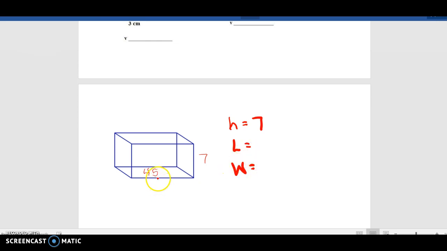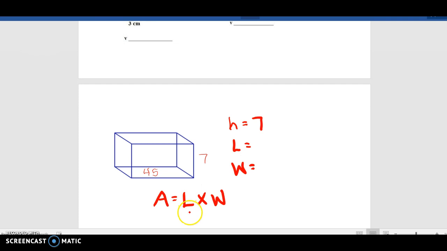So what you have to think of is, well, the 45 is the area. Area is found by length times width. So we have to think about what two dimensions could give us 45.